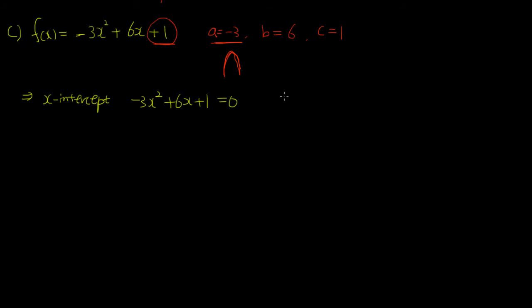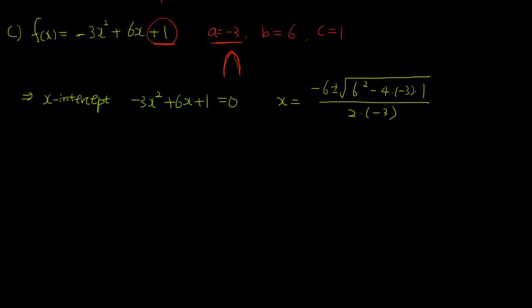So we are going to say x equal minus b plus minus square root of b squared minus 4ac over 2a, like this.